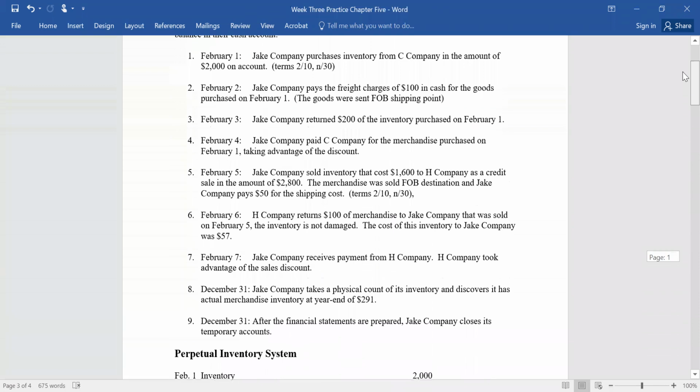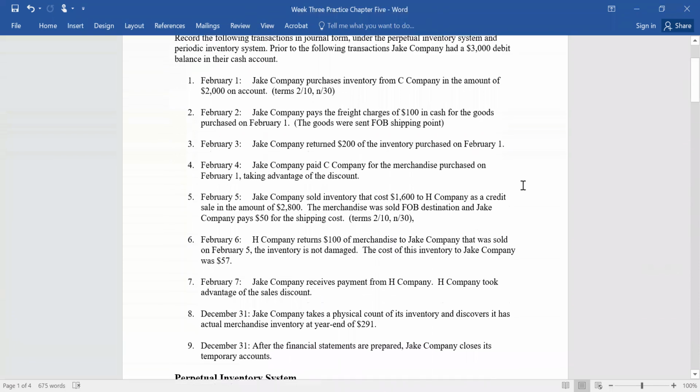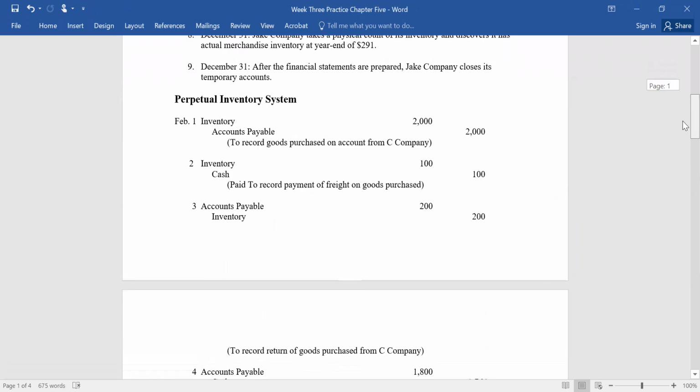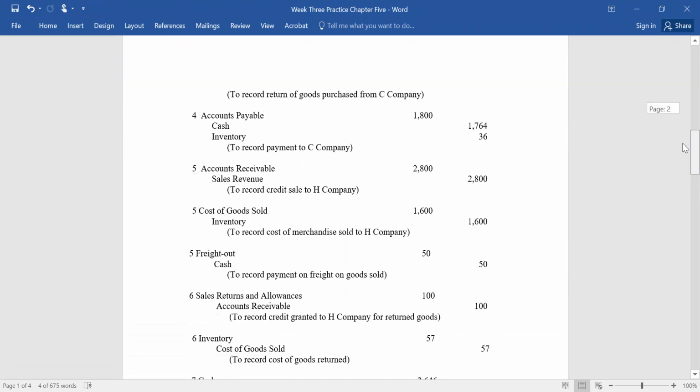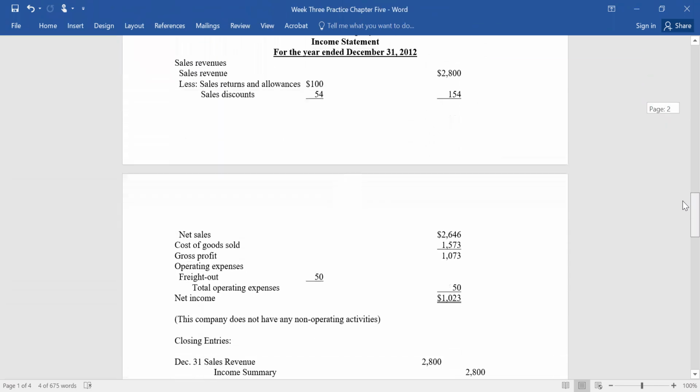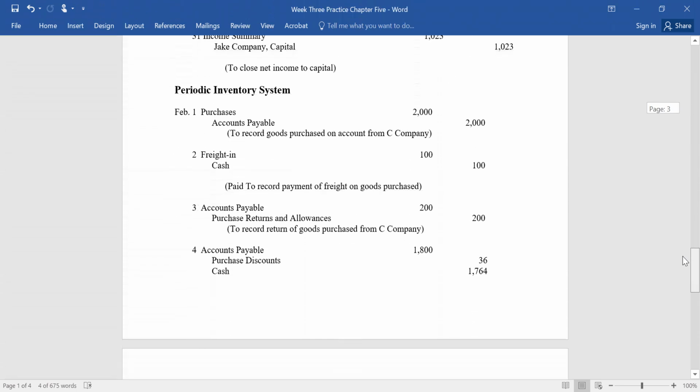In the February 3rd entry, Jake returned 200 of the inventory purchased on February 1st. Under the perpetual inventory method, remember we debited accounts payable and credited inventory. That's going to be different. What we're going to do, we're going to still, of course, debit accounts payable, but now we're going to credit an account called purchase returns and allowances.